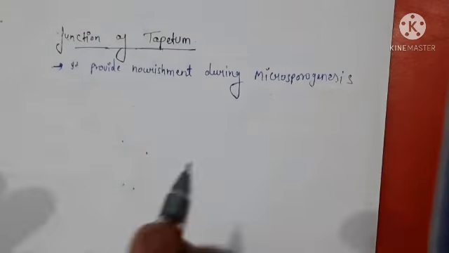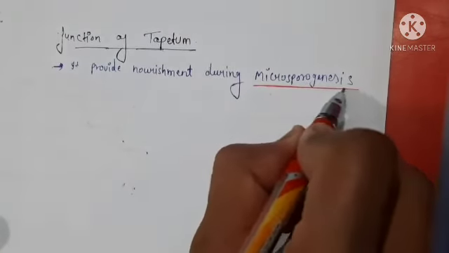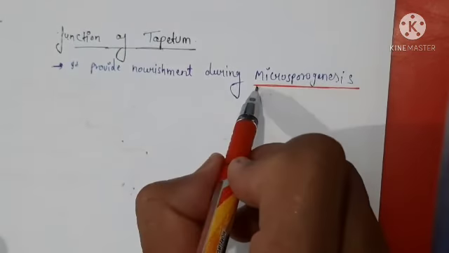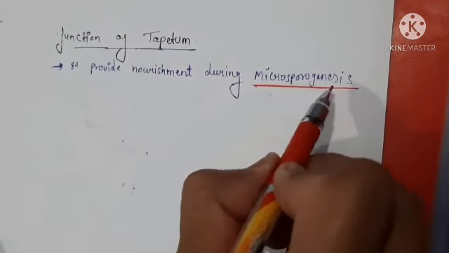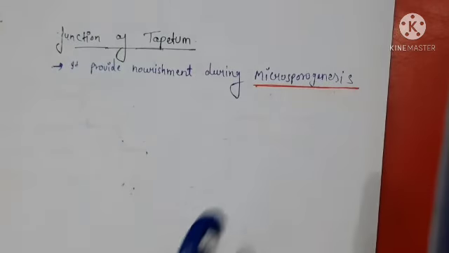Okay friends, so what is microsporogenesis? We will explain. It is in our syllabus, so we will explain later its cycle, how it is formed. We will explain it in detail.